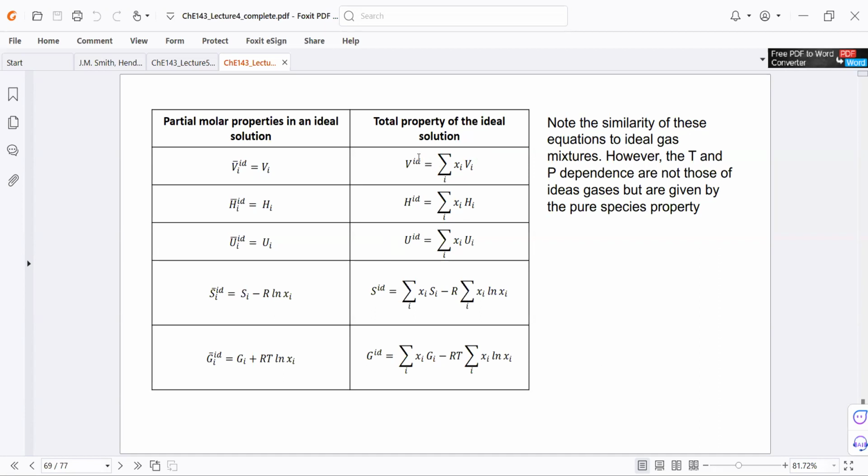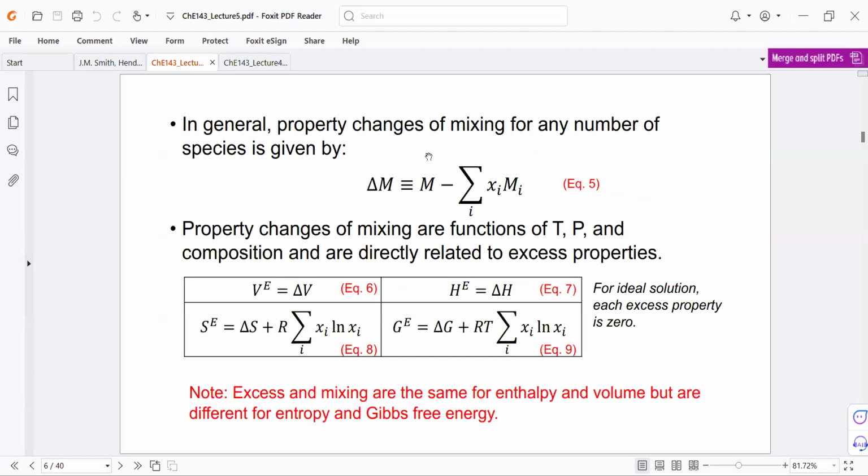Therefore, for volume and enthalpy, the change of mixing are equal to the excess property. Okay, I hope that is clear.